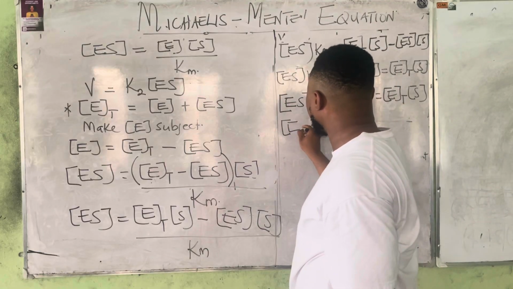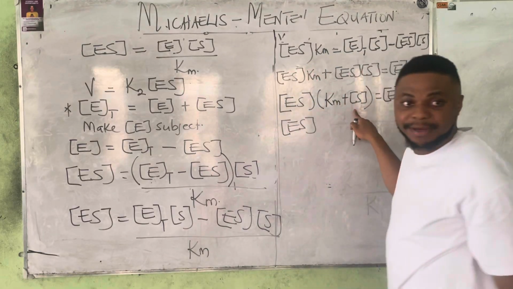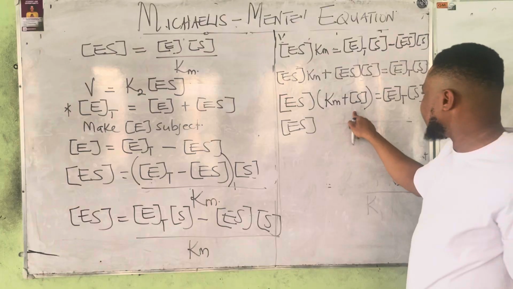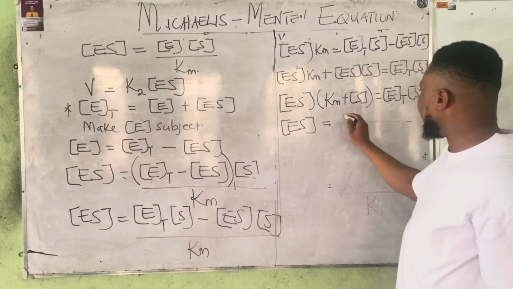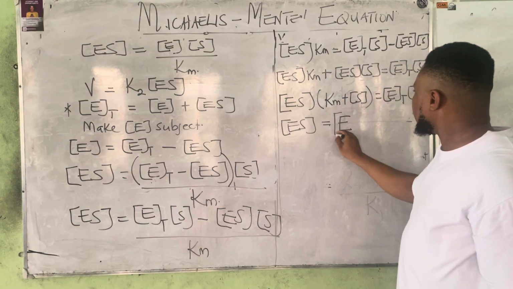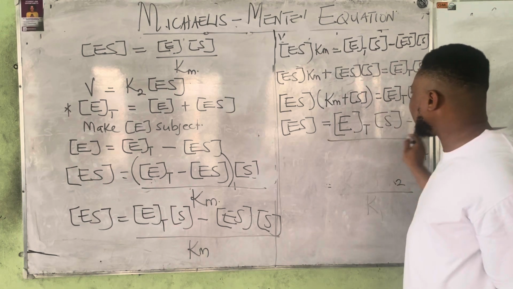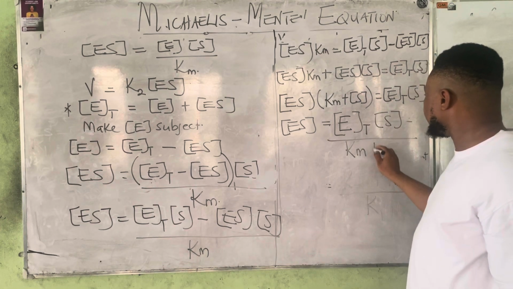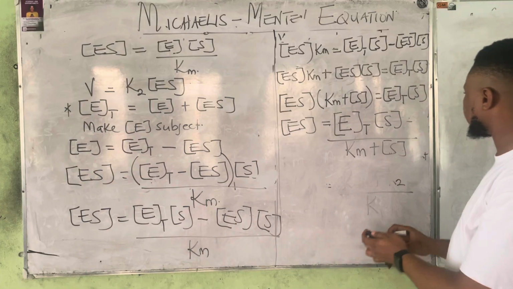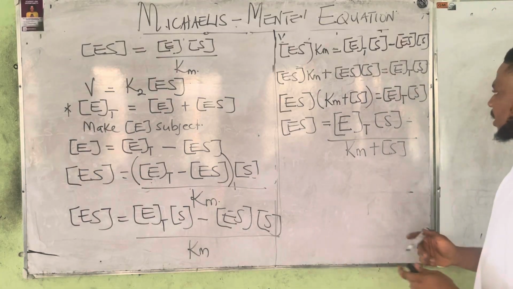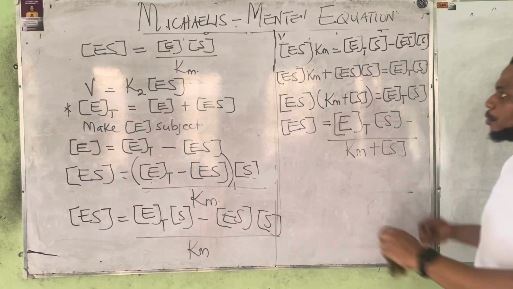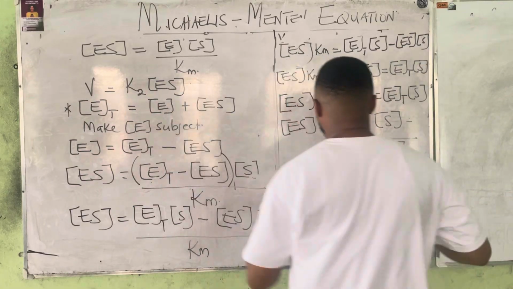So ES now, if ES is made subject to a formula, we divide both sides by Km plus S, right? So divide both sides by this guy. So this will now be ET S divided by Km plus what? S. Km plus S.